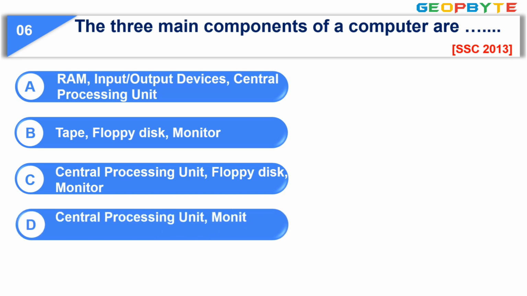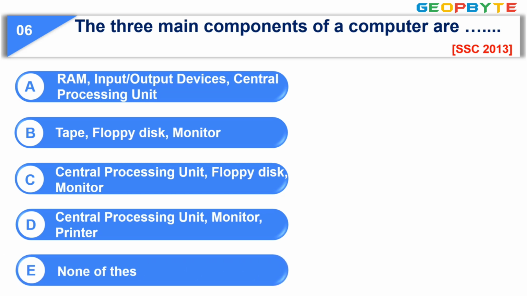Option D, central processing unit, monitor, printer. Option E, none of these. And the correct answer is option A, RAM, input or output devices, central processing unit. These are the three main components of a computer.